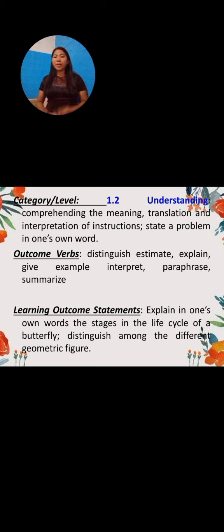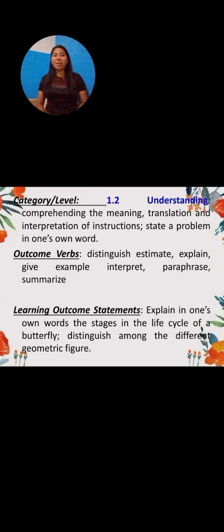Its outcome verbs are distinguish, estimate, explain, give example, interpret, paraphrase, and summarize. For its learning outcome statements: explain in one's own words the stages in the life cycle of a butterfly, distinguish among the different geometric figures.